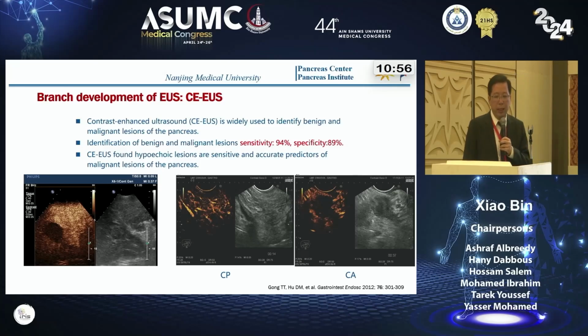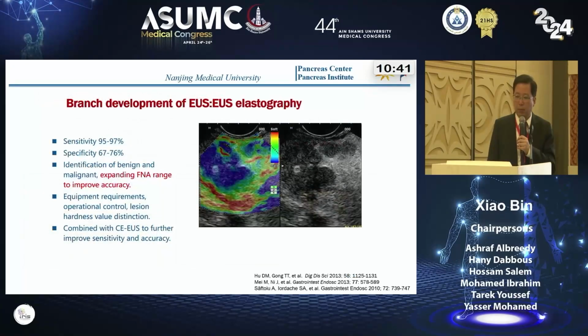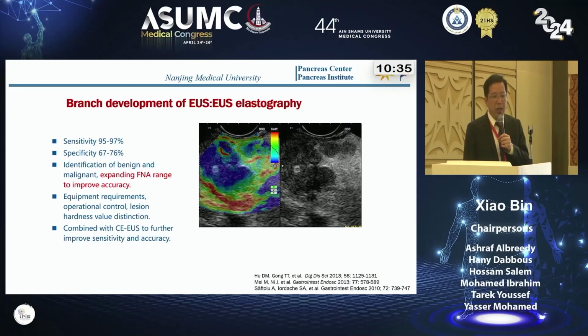Contrast-enhanced ultrasound is widely used to identify benign and malignant lesions of the pancreas and other organs, and it has very high sensitivity and specificity. Elastography also has very high sensitivity, but middle specificity. Its biggest value is that it can expand our fine needle aspiration range to improve accuracy.